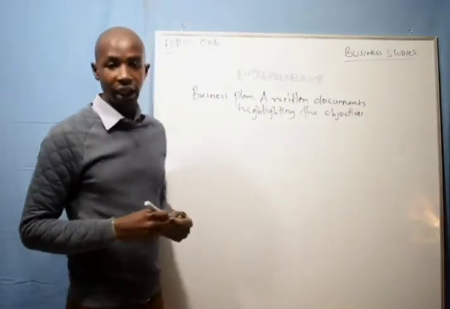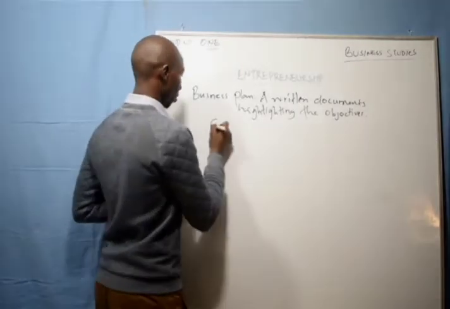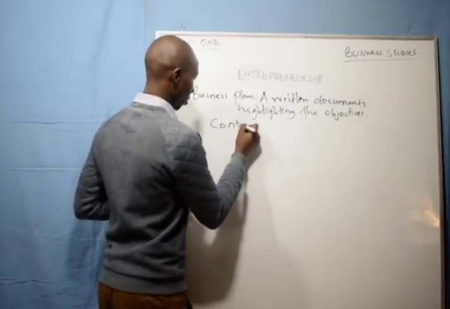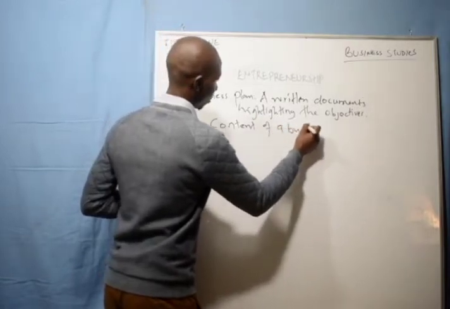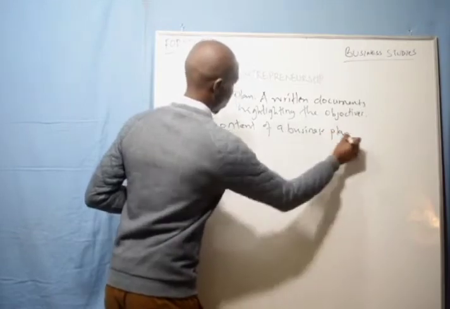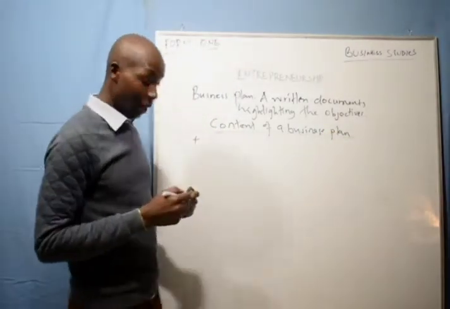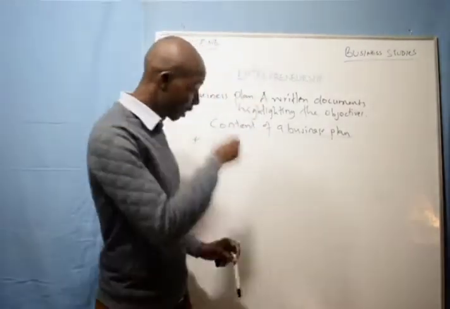So today we want to see the content of a business plan. So for you to have that business in place, you must have what we call a plan. So let's see the content.